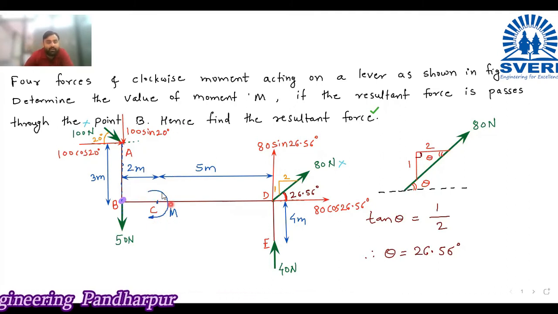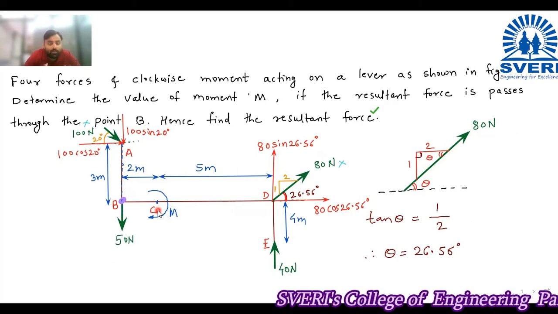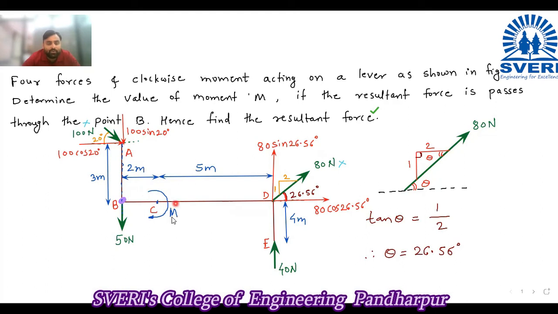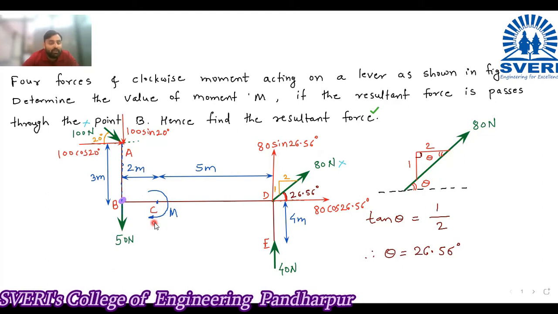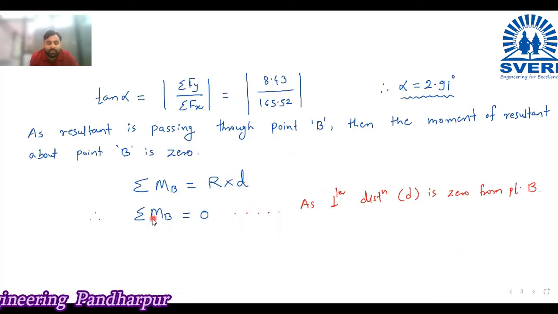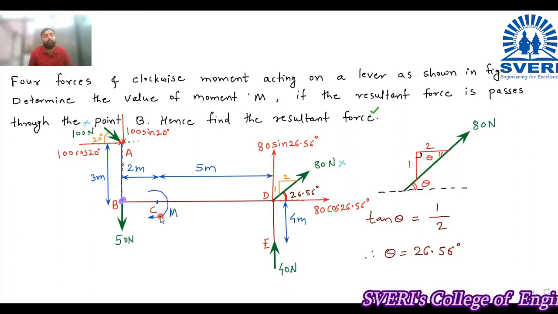Whatever is given here is a moment. A direct moment is given to you. So it can be used in the equation of summation M only. Summation M means sum of the moments, and this given is a moment. So that is why we are going to consider it in summation M.